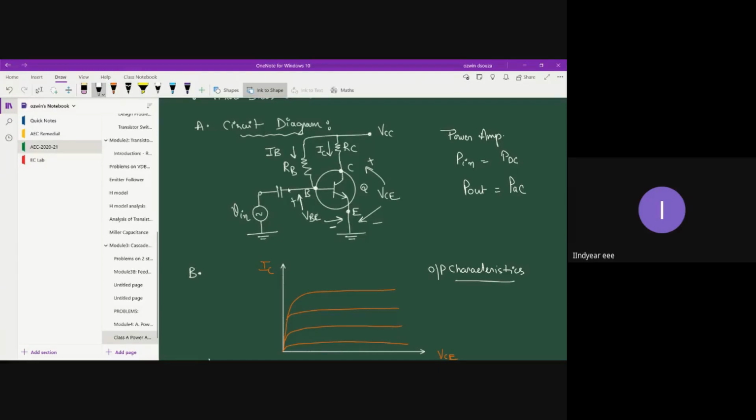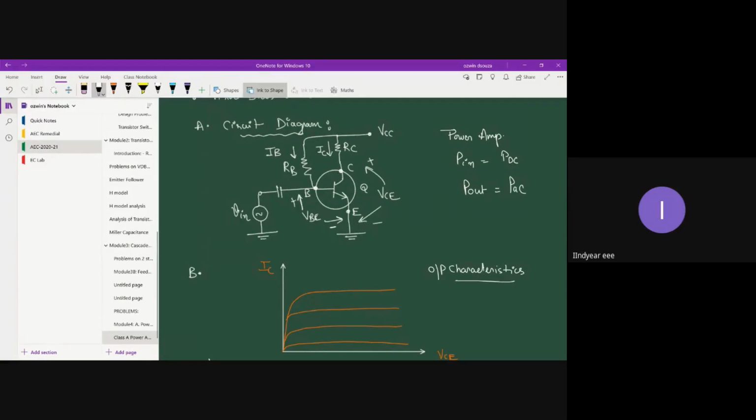In case of power amplifier, whether you couple the AC signal at the base terminal or not, in other words, whether the signal is present or not at the base terminal, the DC power supply voltage is always connected to the collector terminal.